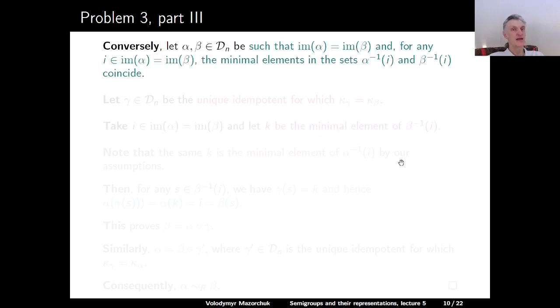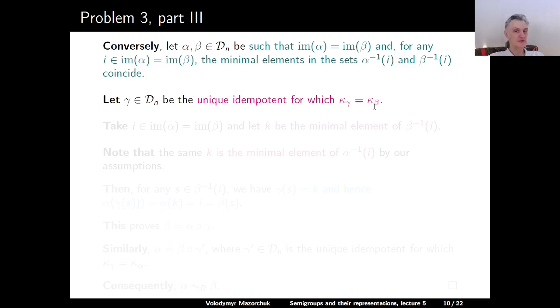Conversely, let alpha and beta be two elements in Dn such that they have the same image and satisfy this condition that for any element I in the common image, the minimal elements in the preimages of I under alpha and beta coincide. Take as gamma the unique idempotent in Dn, we know how the idempotents look like, which has as its kernel the kernel of beta.